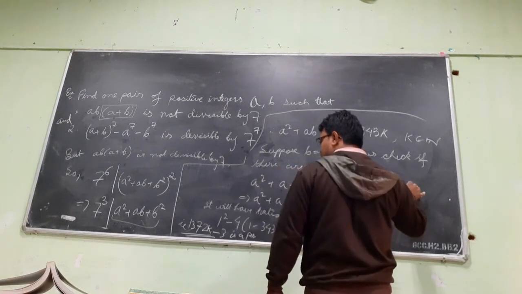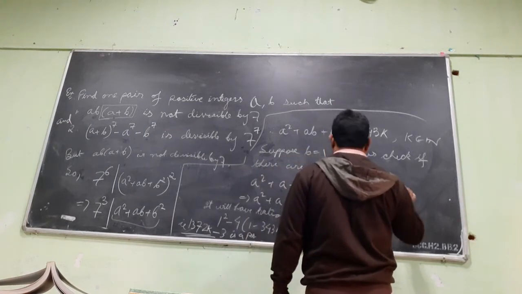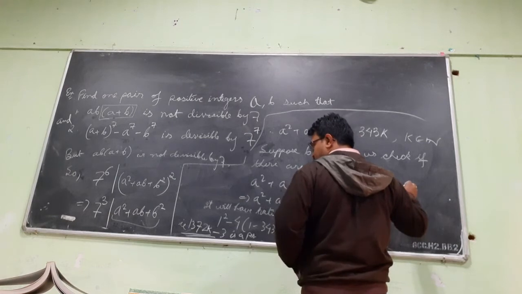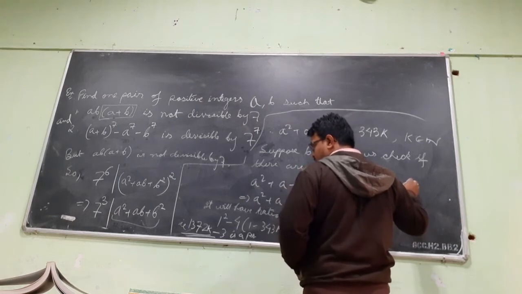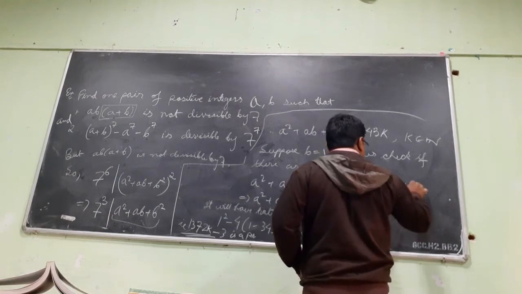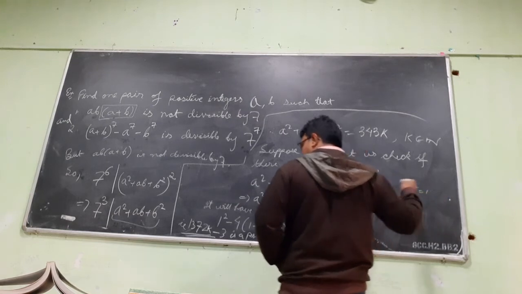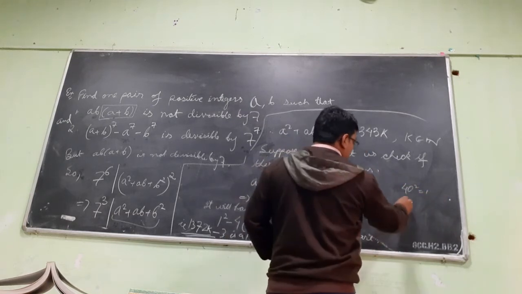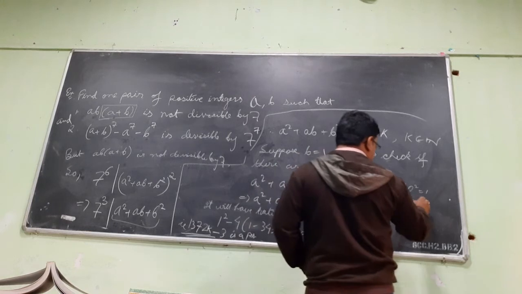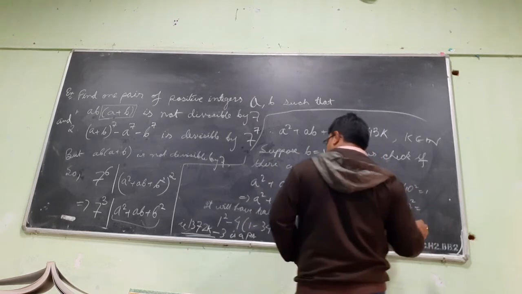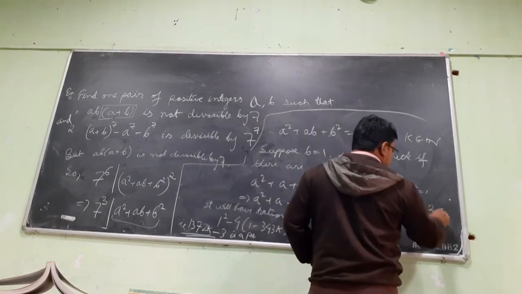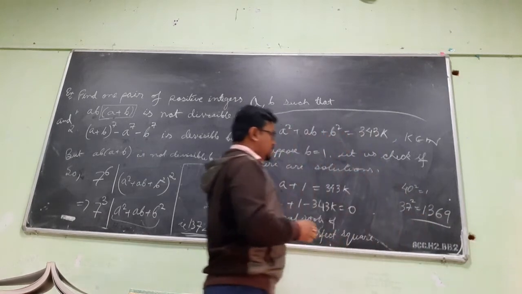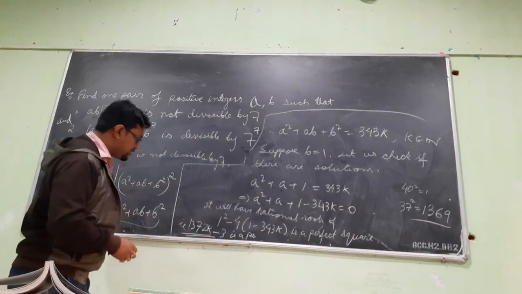20 square is 400, 40 square is 1600, so it will be less than that. 37 square is 1369.